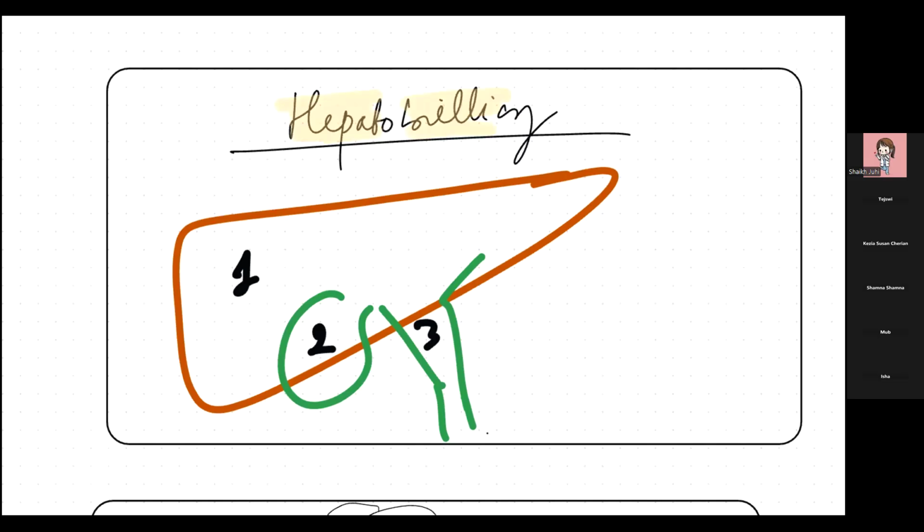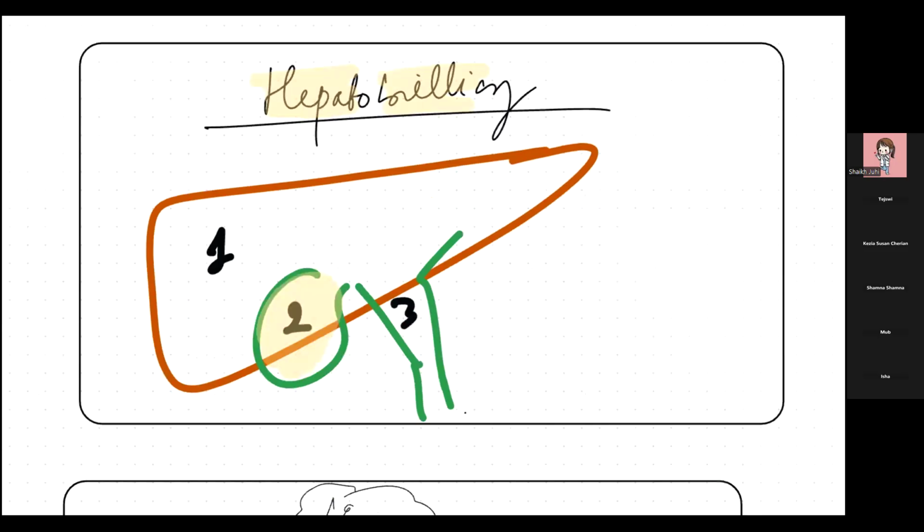For bile, what things are important? The gallbladder, which will store it, and the bile duct, which is going to take it off, and the liver, which is going to form the bile, isn't it? So the diseases which are possible because of these three, we are discussing that only.